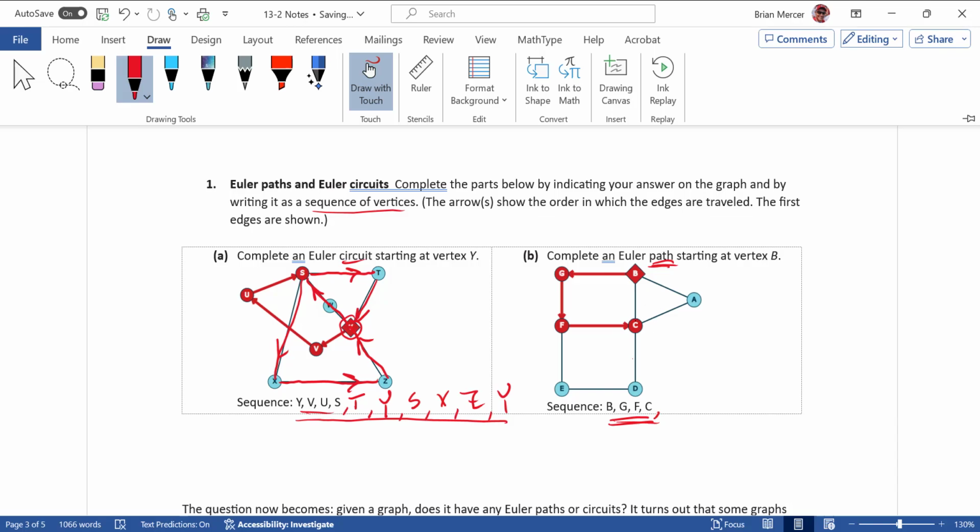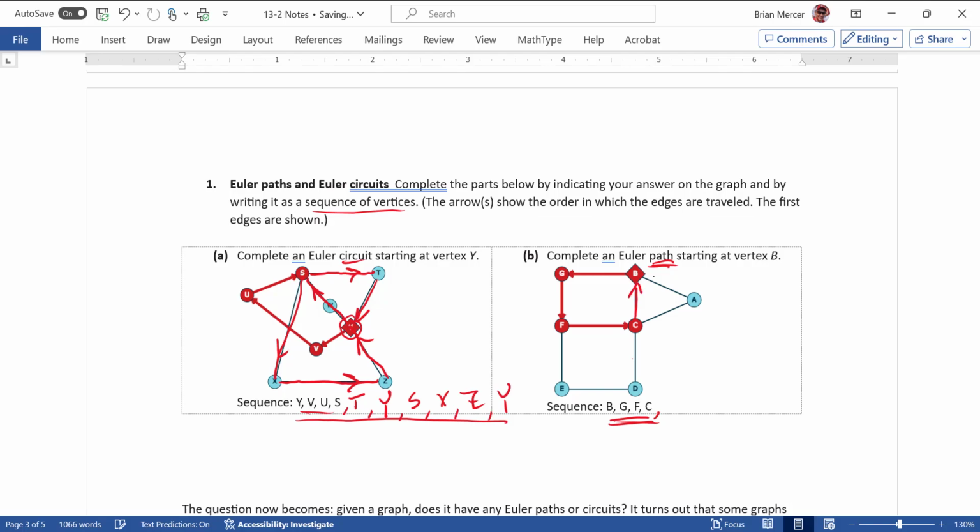I'm just going to go up to B, then around to A, then back to C, and down to D, around to E, and up, and we'll end at F. Now that's a path where we've covered every edge exactly one time. Notice it's not a circuit because we didn't end back where we began, but we did complete an Euler path.